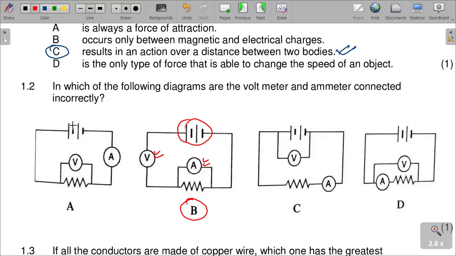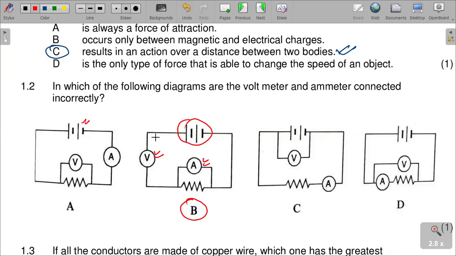If you check A and the others, we have our torch cells, we have our ammeter, which is measuring the current, and then we have the voltmeter, which is measuring the voltage, and then obviously the torch cells. We are saying they are correct.